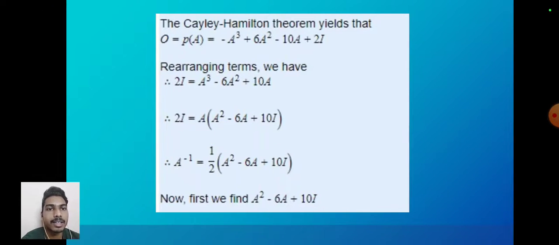We get A⁻¹ = ½(A² - 6A + 10I). Basically we know that A·A⁻¹ = I, so that formula is used here. Now first we have to find A² - 6A + 10I.